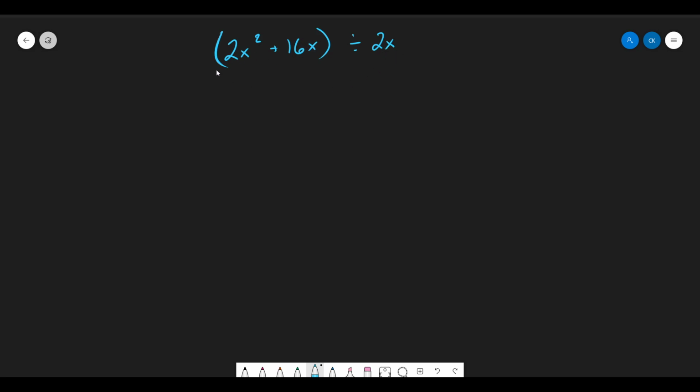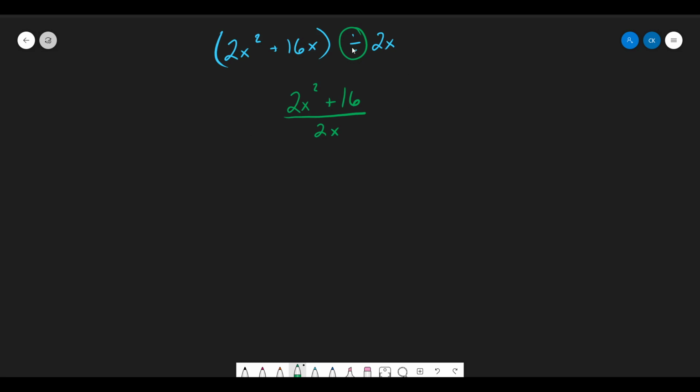When we're dividing a polynomial by a monomial, the first thing we want to do is rewrite it as a fraction. Remember, the division sign can always be rewritten as a fraction bar. So we take the 2x squared plus 16 and put it over 2x. Now we have a fraction.